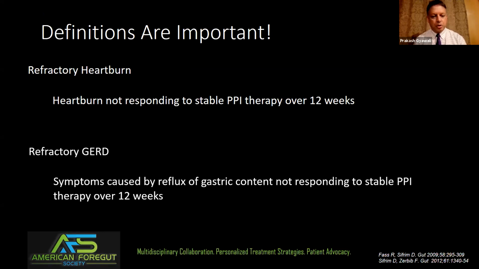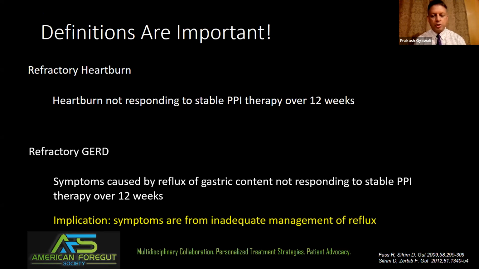Now, refractory GERD implies that you know for a fact that the symptoms are due to reflux of gastric content and the patient is not responding to stable dose PPI. So the implication of refractory GERD is that symptoms are from inadequate management of reflux. So that's a proven GERD patient.